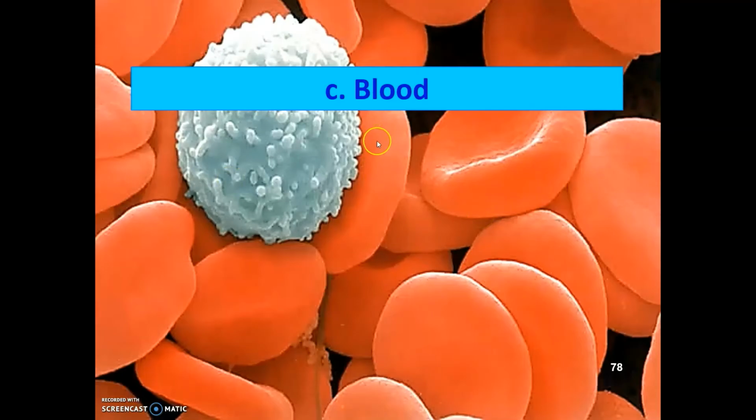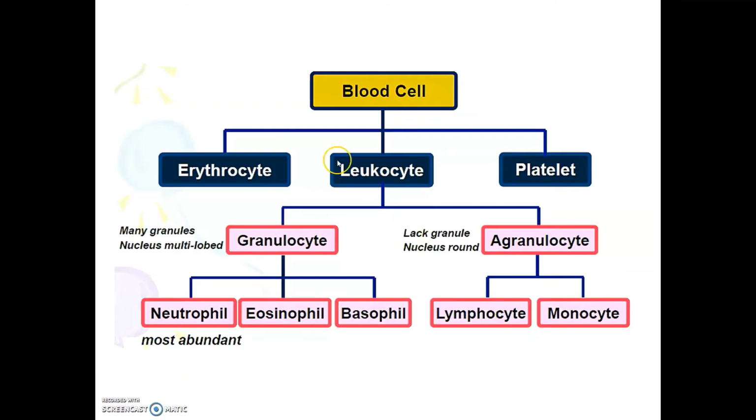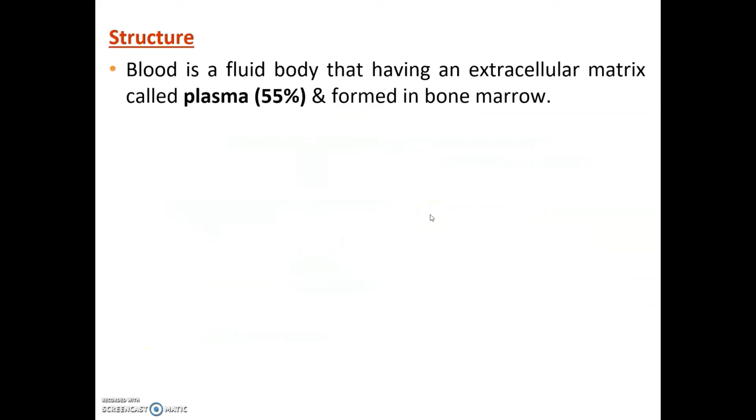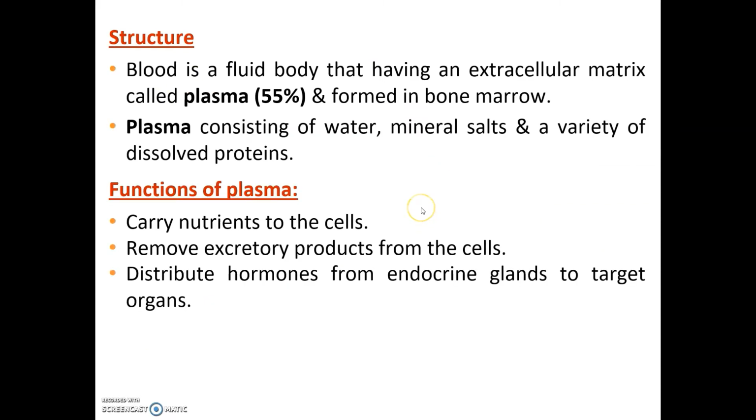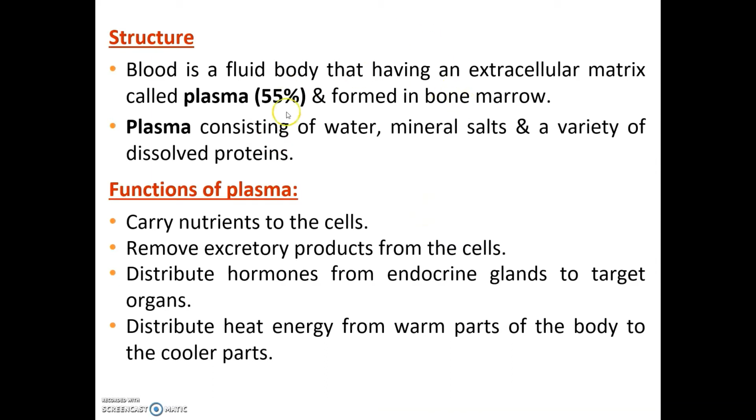The last connective tissue is blood. We have erythrocytes, red blood cells, leukocytes, white blood cells, and also platelets. Now, the general function of the blood. Blood consists of 55% plasma, where the plasma consists of water, mineral salts, and a variety of dissolved proteins.